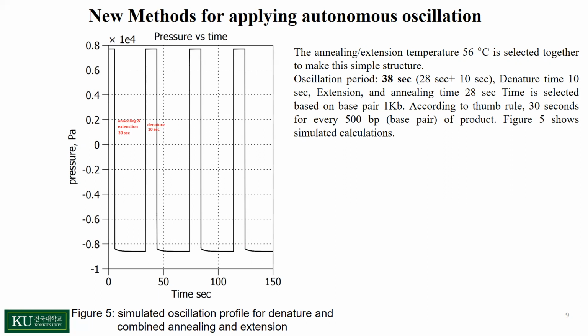In this case, I propose an annealing and extension time of 28 seconds. According to the rule of thumb, we can use 50 base pair double stranded DNA so that we can easily break the DNA hydrogen bonds. The denaturation time is 10 seconds, and we need 30 seconds for annealing.